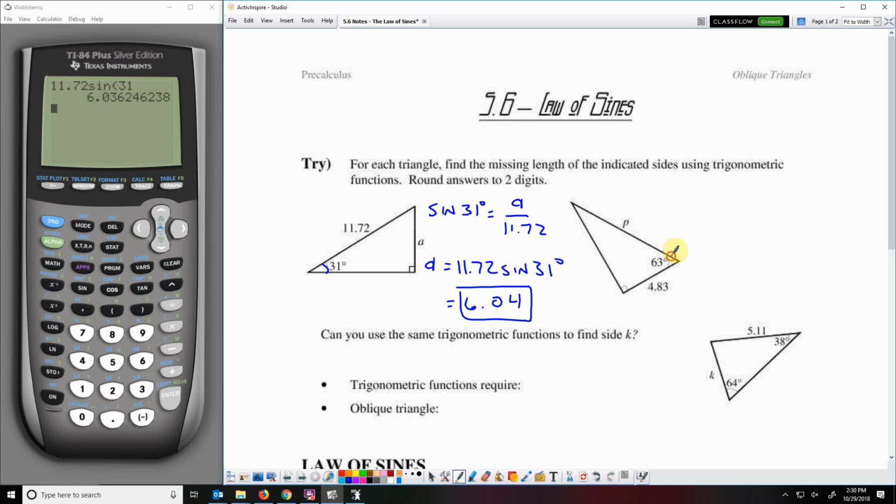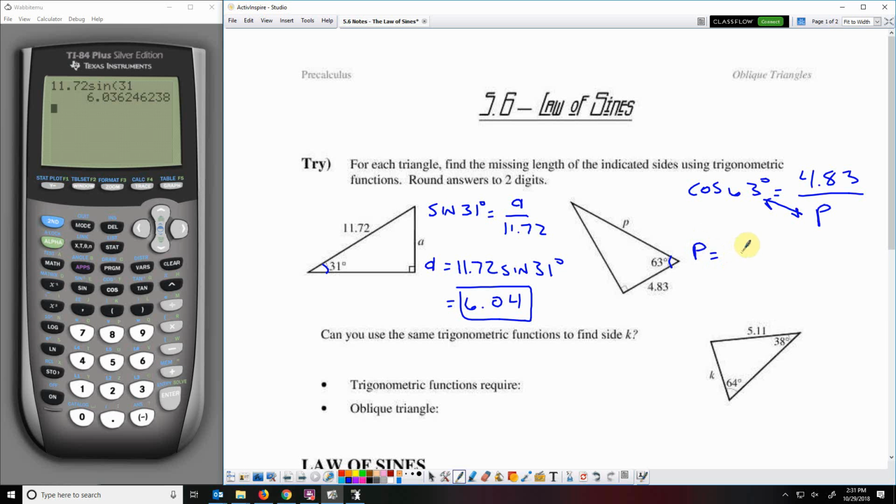Okay, so here we've got our angle here. This is the adjacent side and the hypotenuse. Adjacent and hypotenuse is cosine. Cosine 63 degrees equals the adjacent over the hypotenuse. Okay, now this time we've got the variable in the denominator, so we are going to switch these, and then we'll divide.